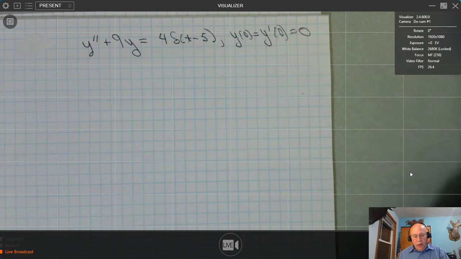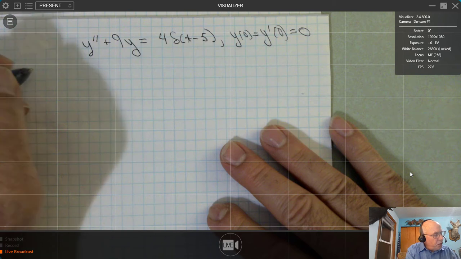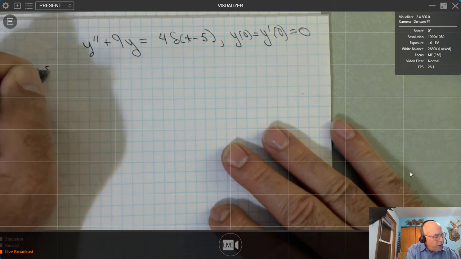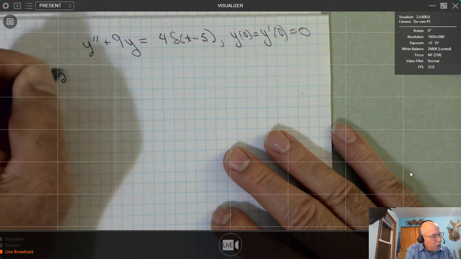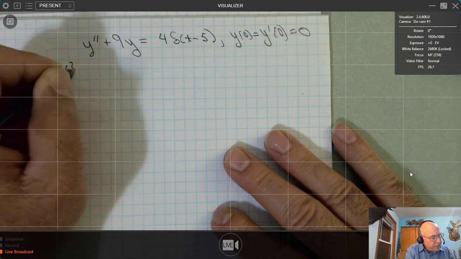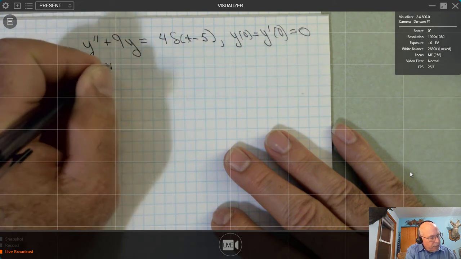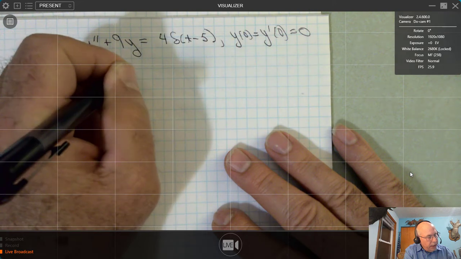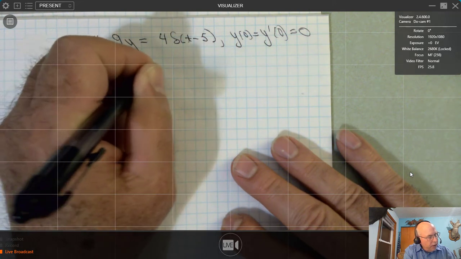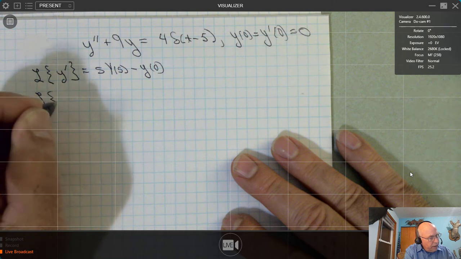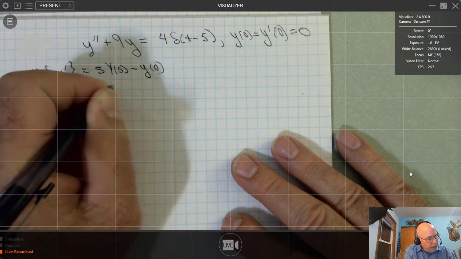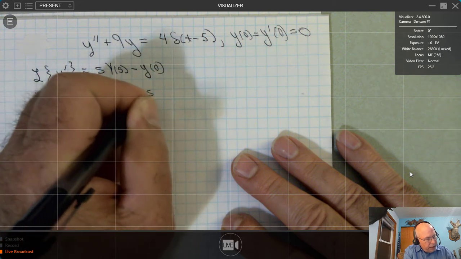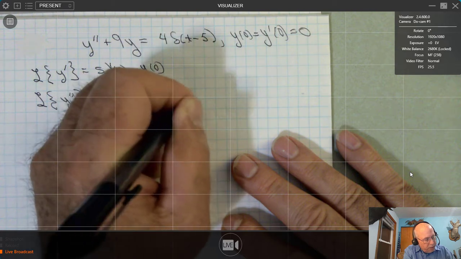Now, we need to use our formulas for the transform of the derivative of a function. So we know that, in general, the transform of y prime is s times capital Y of s minus little y at 0, and the transform of y double prime is s squared Y of s minus s y at 0 minus y prime at 0.